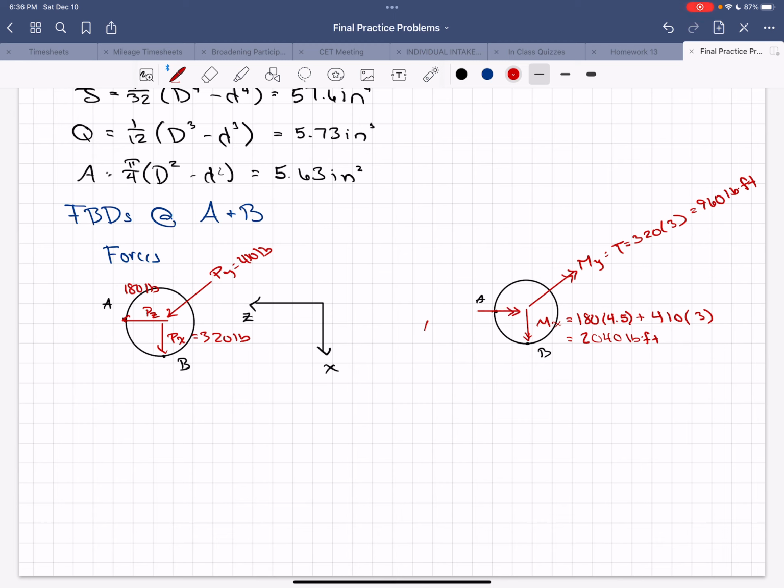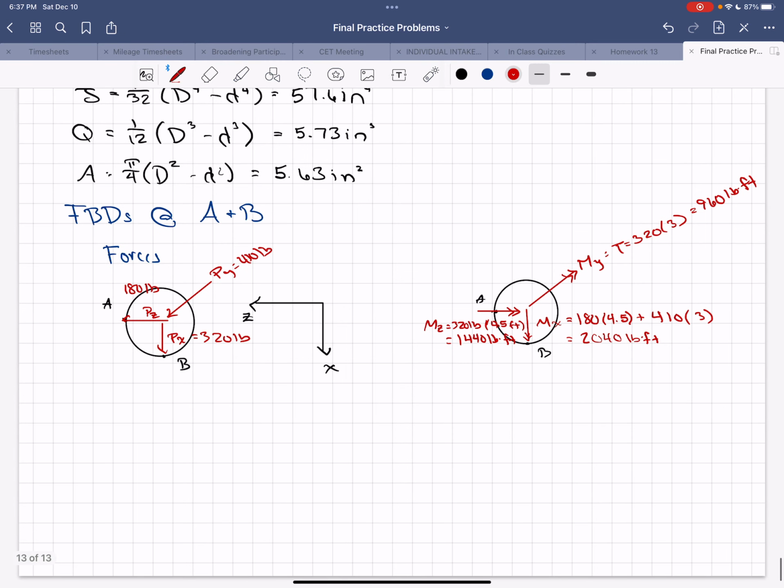So we have MZ equals 320 pounds times 4.5 feet, and that equals 1,440 pound-feet.